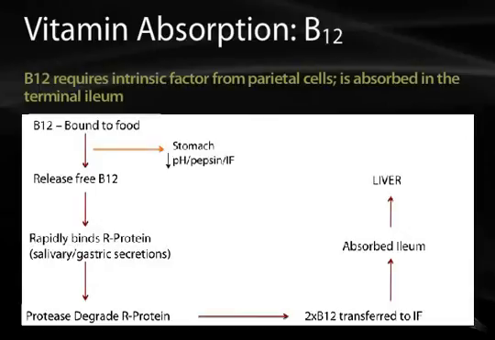With vitamin absorption of B12, B12 requires intrinsic factor from parietal cells. So in this schematic, B12 is bound to food. In the stomach, in the presence of low pH, free B12 is released.